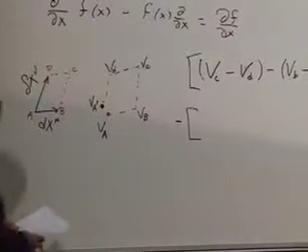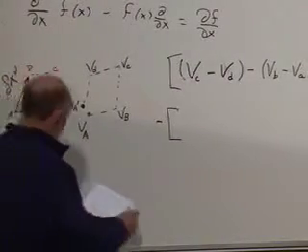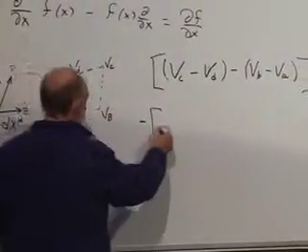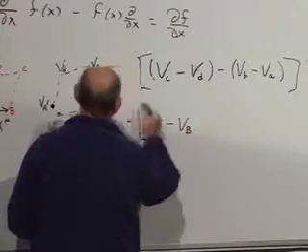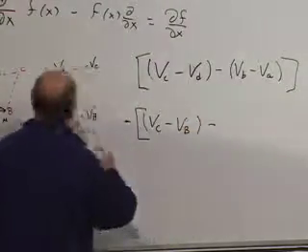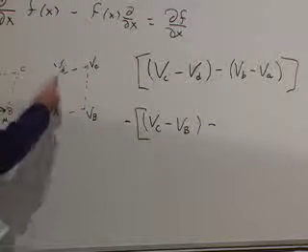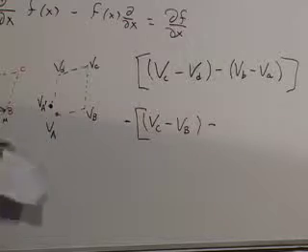So let's see, what am I saying? I'm going to subtract VC minus VB, and then from that subtract the same kind of thing over at this end, except VD minus VA prime.